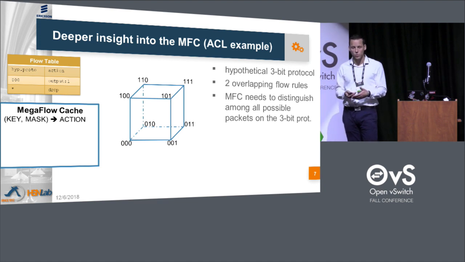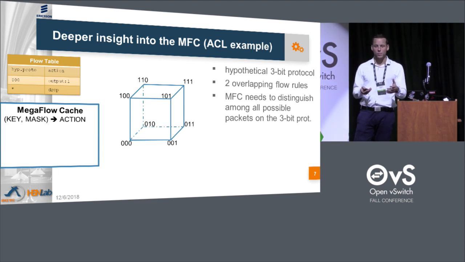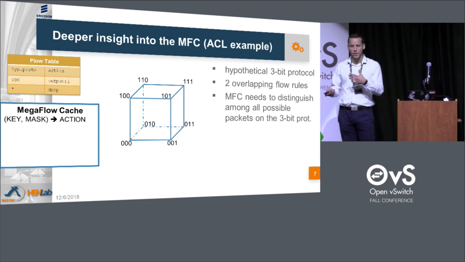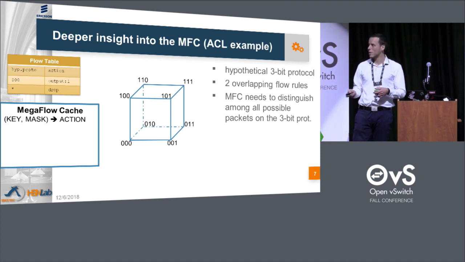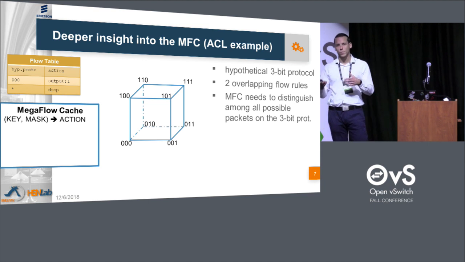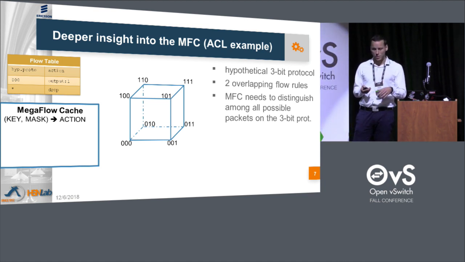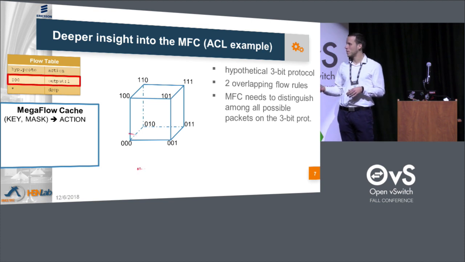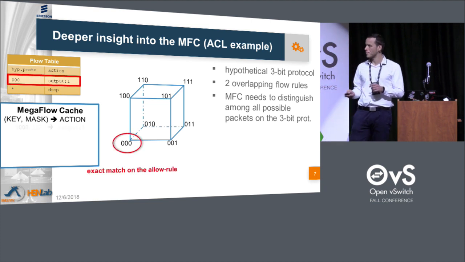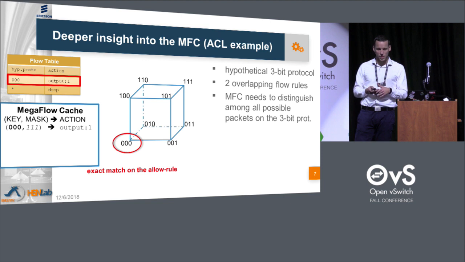The Megaflow cache needs to distinguish. So in the Megaflow cache, we need to distinguish among all possible packets that can have this 3-bit protocol. Here we have a cube, which represents all the possible 3-bit sets in specific packets. And here we have the Megaflow cache, which at the beginning is empty.